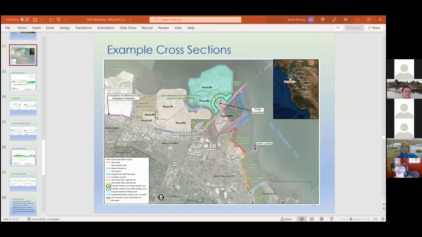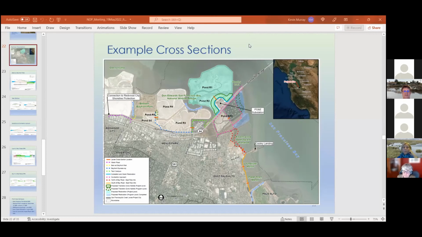But we're working closely with them. Those restored habitats represent more than 600 acres of improved habitat for those endangered species. So in the long run, as Tess said, we hope that the long-term benefits of the project outweigh the short-term impacts, not only for wildlife, but for people too.